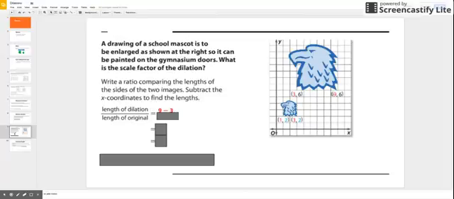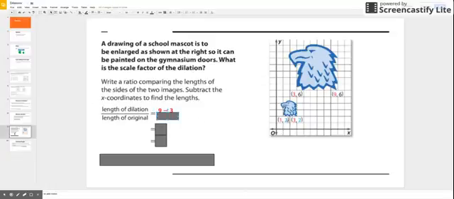That's the length of the dilation. This is the dilation because the school mascot is to be enlarged. So if it's enlarged, this is our image, okay? This is our dilation. So the length of our dilation is 6, or you can just sit there and count the boxes. Doesn't matter.